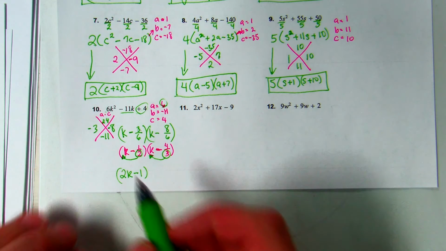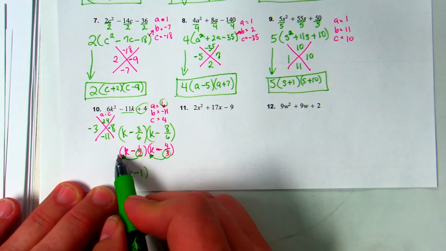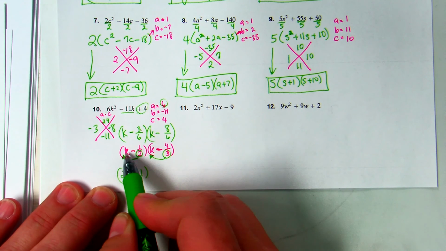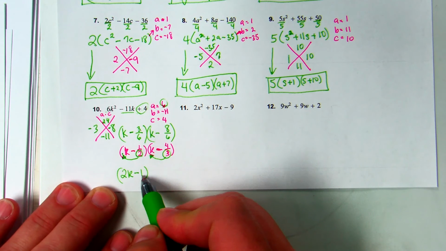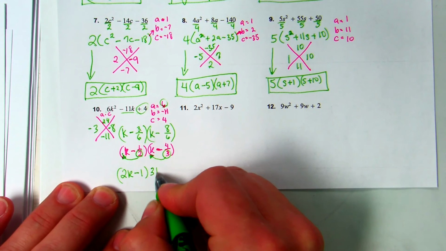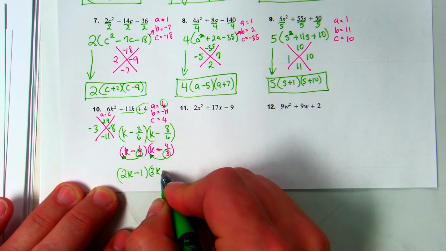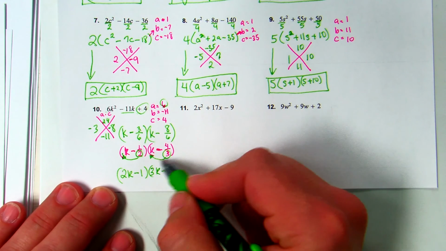In essence, it's just like taking this factor and multiplying it times 2. If I multiplied everything by 2 in here, then it would put a 2 in front of the k, and 2 over 2 just becomes 1. Same thing with the next term, 3k minus 4. It's like multiplying this factor times 3.